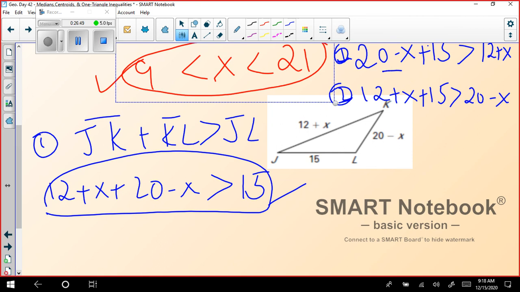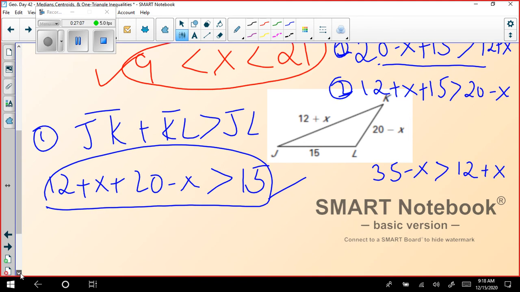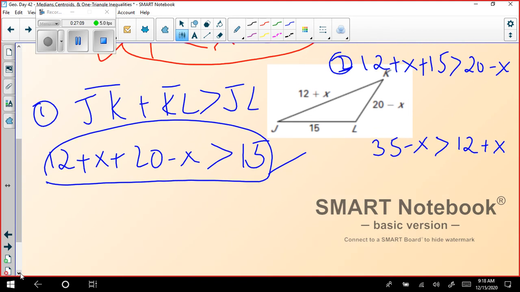Using 20 minus x plus 15 is greater than 12 plus x: 20 plus 15 here is 35, minus x greater than 12 plus x. What I'll do is add x on both sides and subtract 12 from both sides.